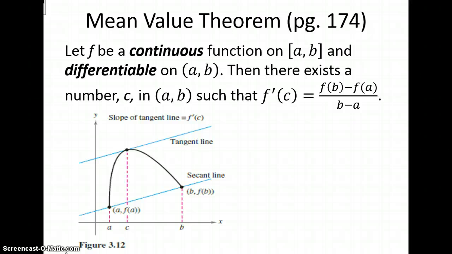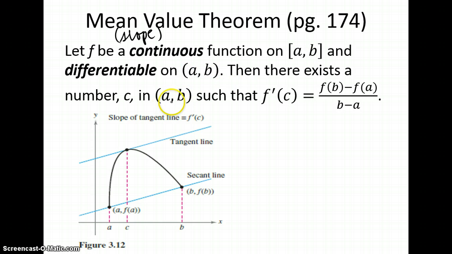Okay, so now the mean value theorem. When you see the mean value theorem as opposed to Rolle's theorem, you should think we're going to associate this with slope. Let f again be continuous on the closed interval and differentiable on the open.